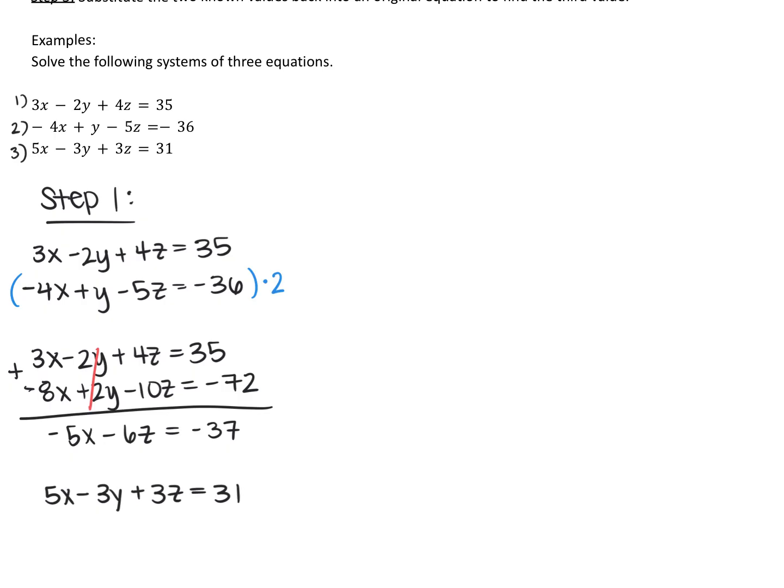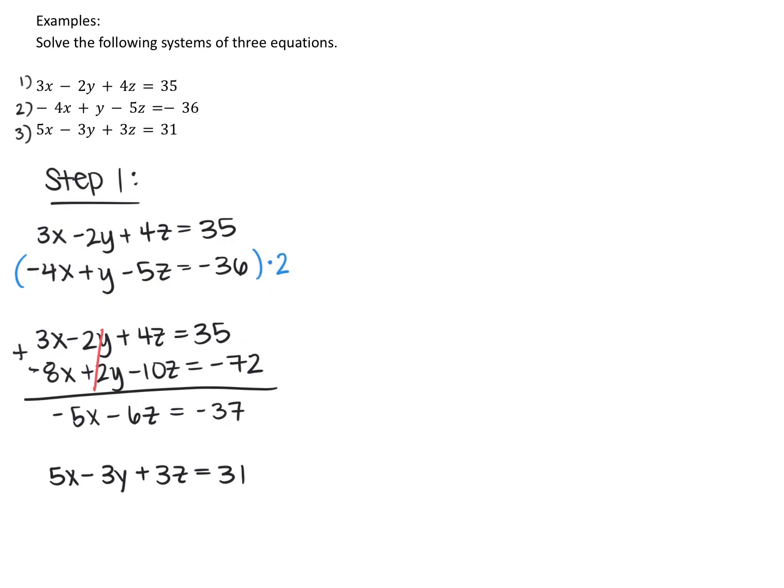Now I need to decide which equation I want to reuse. I'm going to be reusing equation 2 because, again, it just has the 1y. So negative 4x plus y minus 5z equals negative 36. Now I want to eliminate y a second time. So I'm going to be multiplying that second equation again, but this time I'm going to be multiplying it by 3.